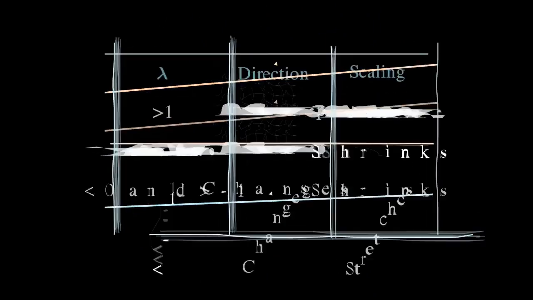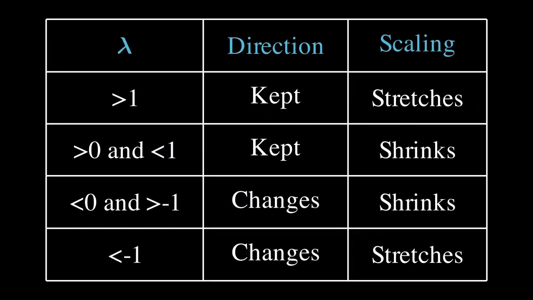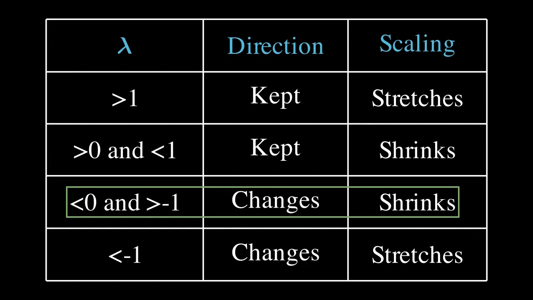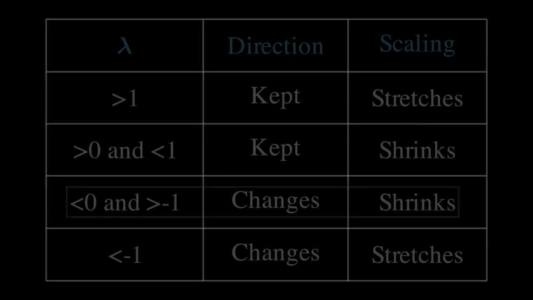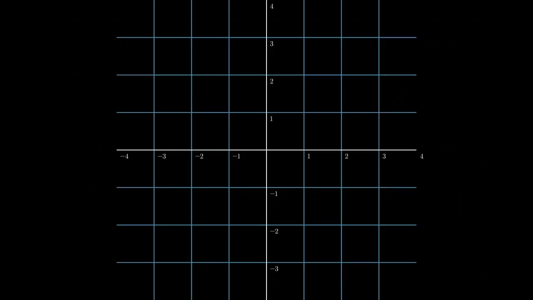Following, we have a value of lambda that is lower than 0 but greater than -1. Under these conditions, the original vector v will not only shrink, but also the direction of the vector will change. To showcase this example, let's pick the inverse value of the previous lambda, so -1/2, meaning that the new set of coordinates is -0.5 and -1.5.